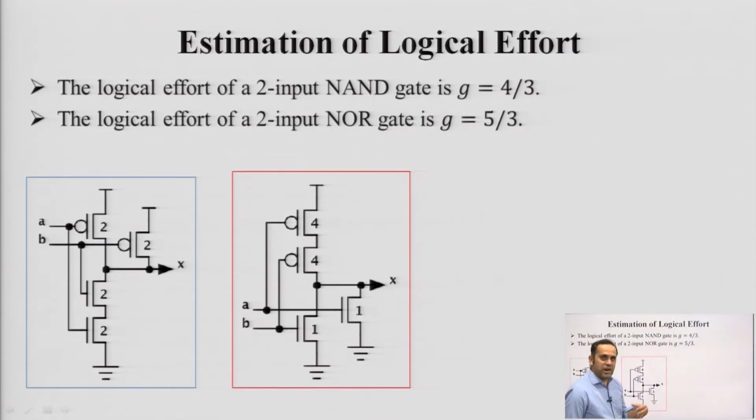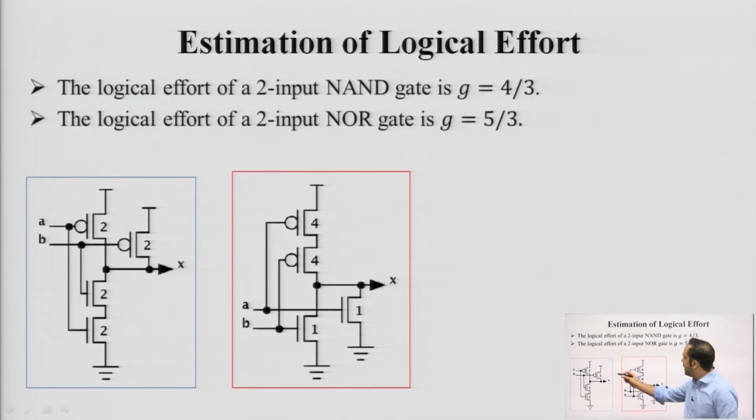Now, let us extend this example. There are 2 circuits shown on your slide. The one on the left, outlined in blue, is basically a 2 input NAND gate. The one on the right, highlighted in red, is a 2 input NOR gate.